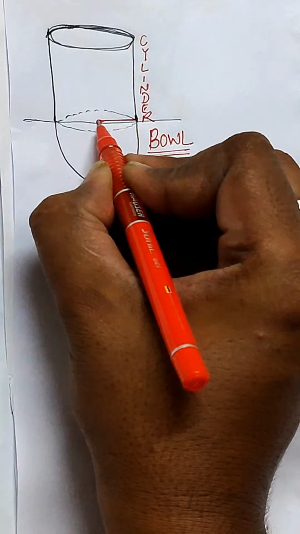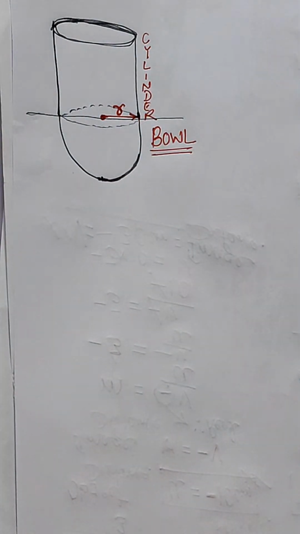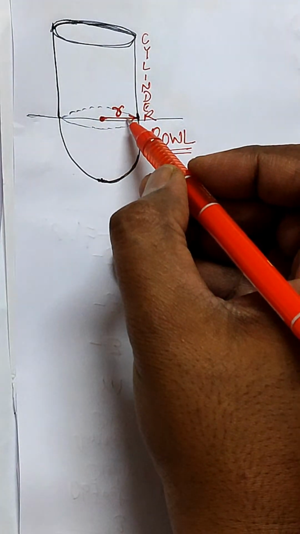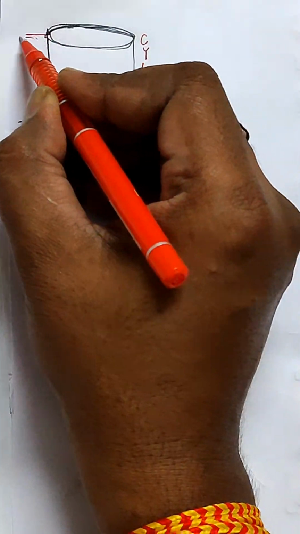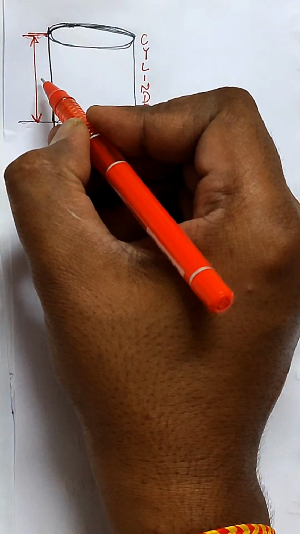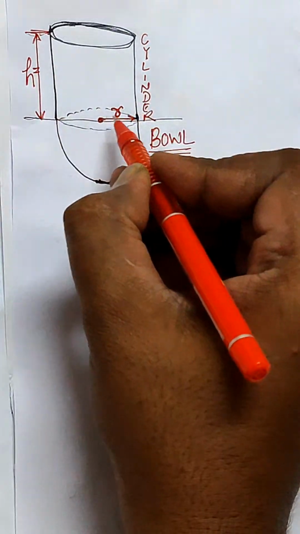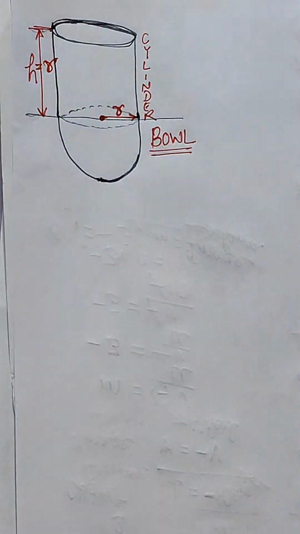That means if this is the radius r, then this radius r is equal to the height, because it's given that a cylinder of same height and radius. So if the radius is r, then the height of the cylinder will be the same, given as h, and h is equal to r.